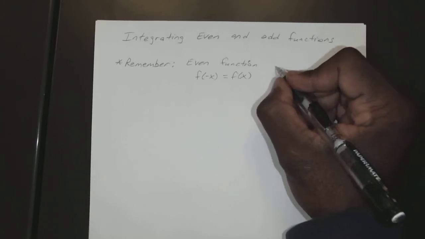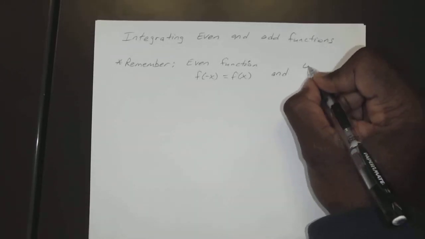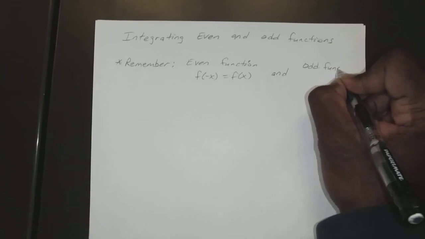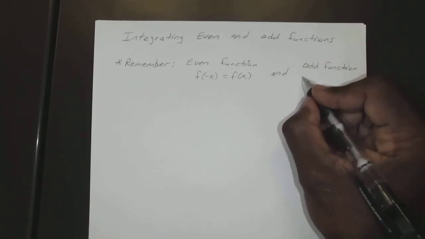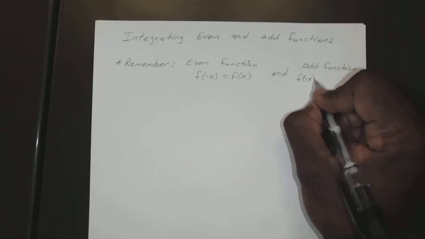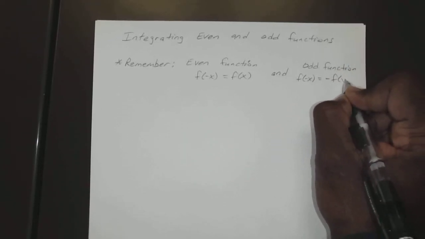And an odd function, which is symmetric across the origin, can be found if f of negative x equals negative f of x.